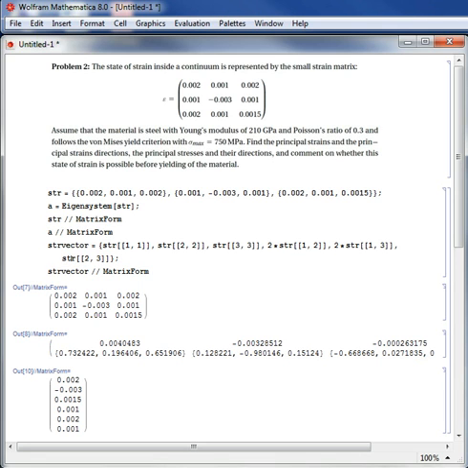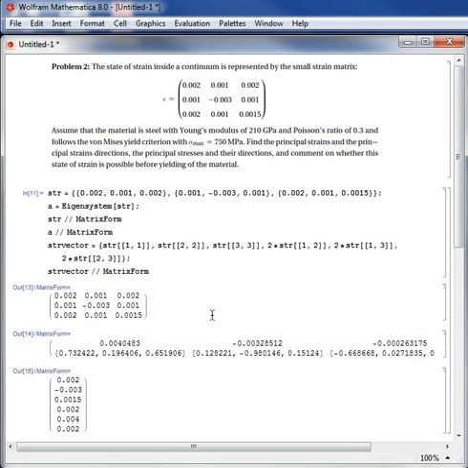So don't forget this 2, otherwise the stress numbers will not be correct. Shift enter, and here is epsilon 1 1, epsilon 2 2, epsilon 3 3, 2 epsilon 1 2, 2 epsilon 1 3, 2 epsilon 2 3.